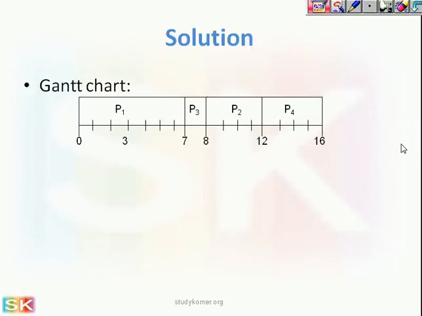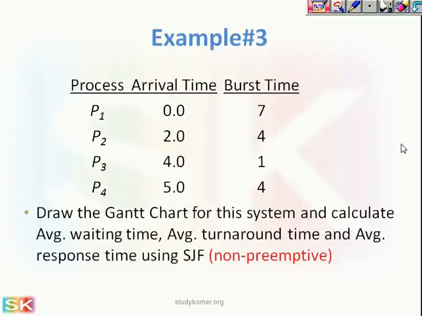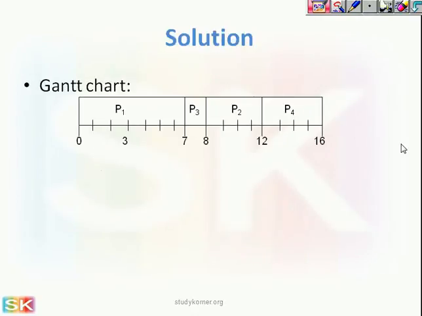So the Gantt chart of this given system can look like this, right? Now you can say that the burst time of P3 is smallest, that is 1. So P3 has to execute first, but here we are executing P1 first. Why?